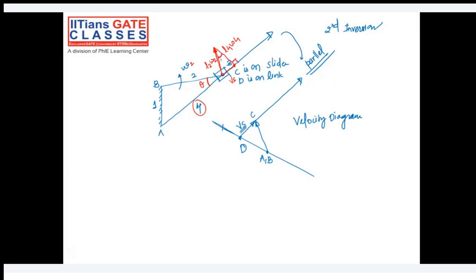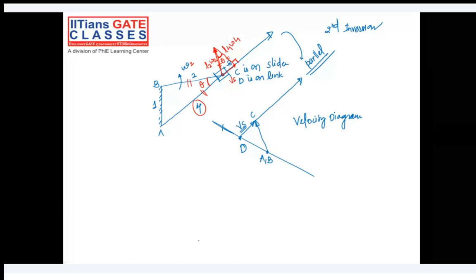Yes, because for this line, this is the perpendicular, and for this line, this is the perpendicular. If the angle between two lines is theta, the angle between their perpendiculars also has to be theta. Correct? Suppose this angle is, for example, theta.